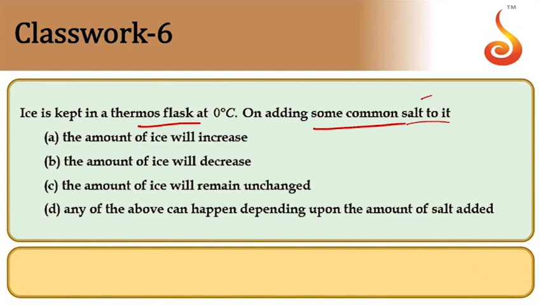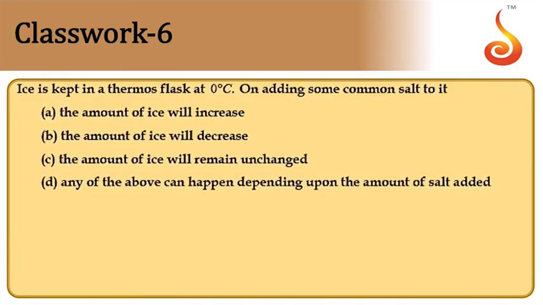That is, some ice starts melting to dissolve the salt added. Remaining will form a freezing mixture and the mixture is going to have less than 0 degrees Celsius. So therefore the answer must be: ice will not increase, ice will be decreasing because some amount of ice dissolves so as to dissolve the common salt added to it. So option B is the answer.